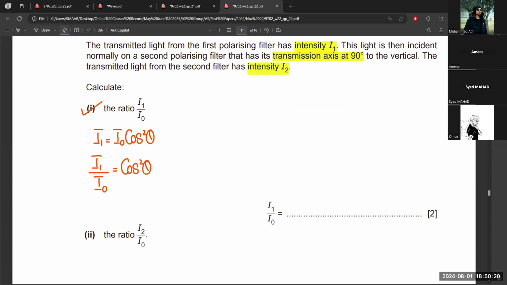Sorry, we can also write 30 because the angle for the first filter is 30. Cos square 30.